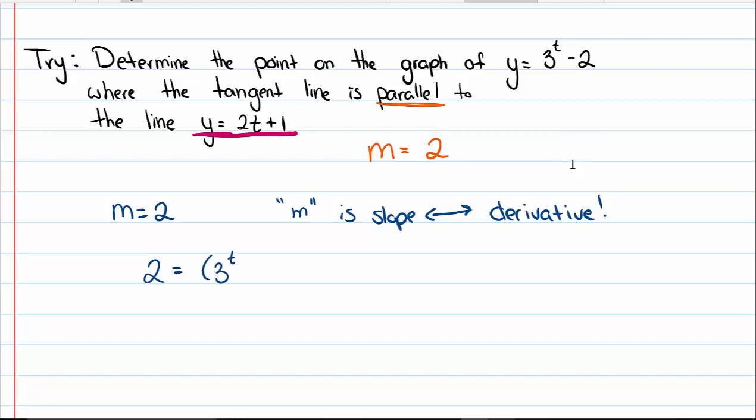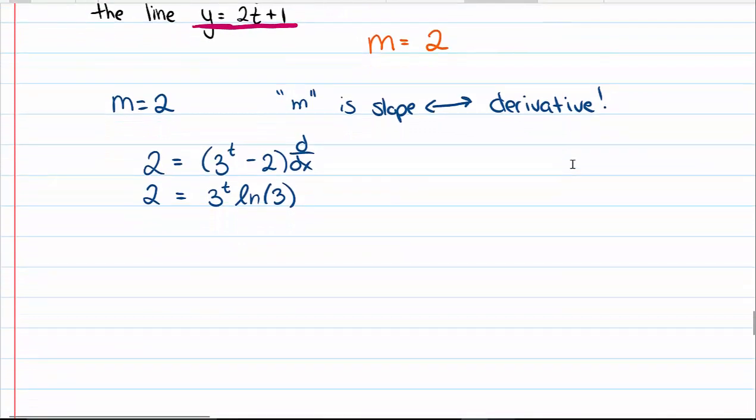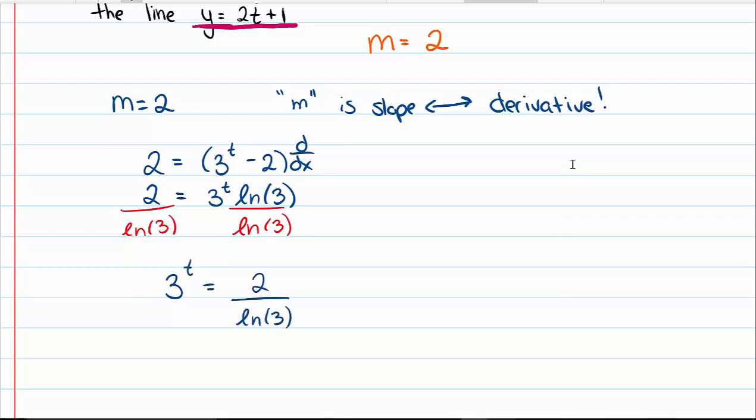So the derivative of 3^t minus 2, d/dx. So 2 is equal to 3^t ln of 3. So we're going to divide both sides by ln of 3. And we get 3 to the power of t is equal to 2 divided by ln of 3.